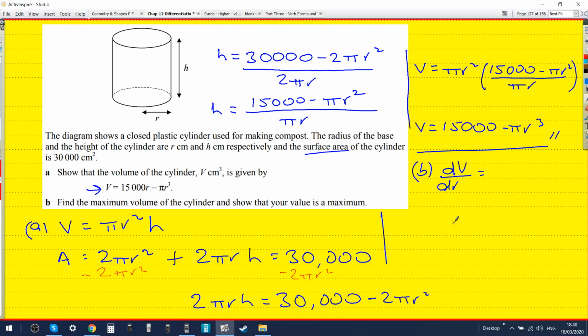Yeah, from part A. Oh, I wrote it down wrong. Sorry. Yep, 15,000 and then minus 3 pi r squared.